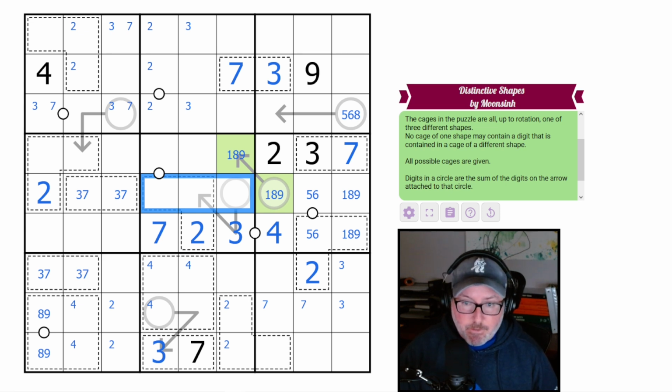So there's a lot of options here, but I want to go through them. 1, 4, 5, 6, 8, and 9. This one can't be 1, obviously. Was there something else we can rule out? There is no 4 in this.